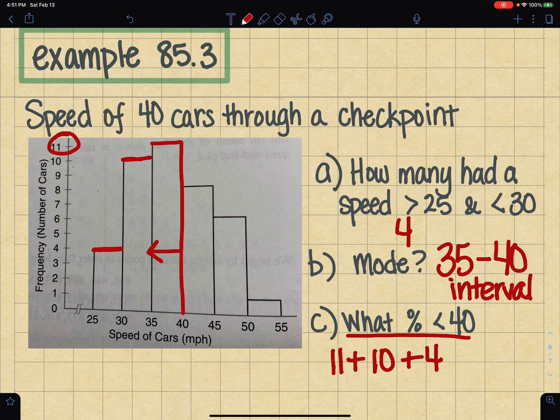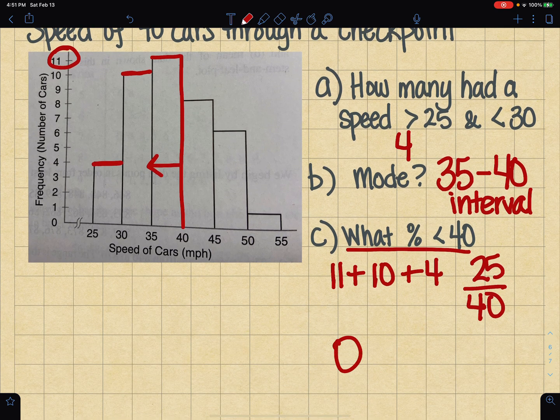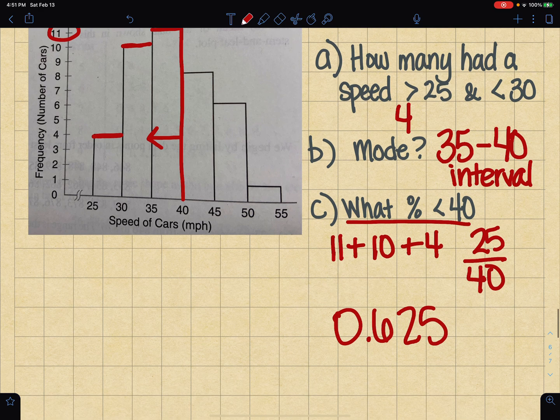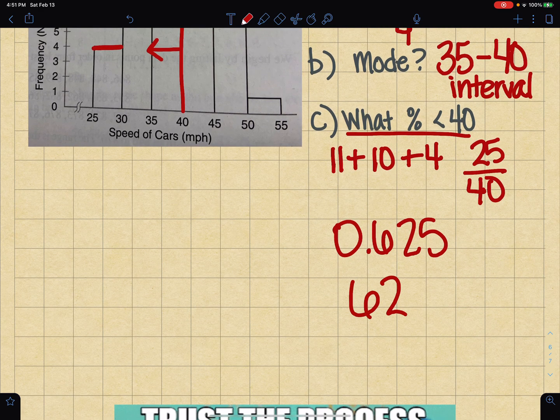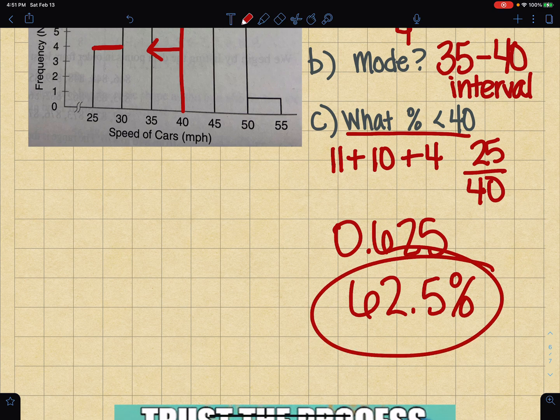So 11 plus 10 plus 4 is going to be what? 21 plus 4. It's going to be 25 out of how many cars total? It told you that there were 40. So 25 divided by 40, whatever that is, and it turns out that it's 0.625, which means a percentage of 62.5%. That's the answer. That's the percent of cars that were going less than 40 miles per hour.